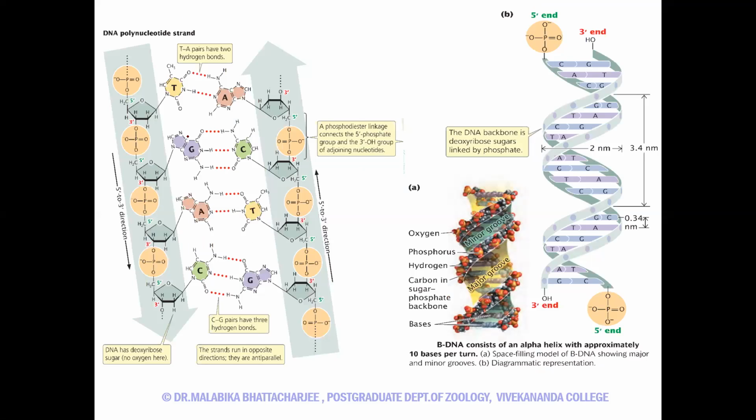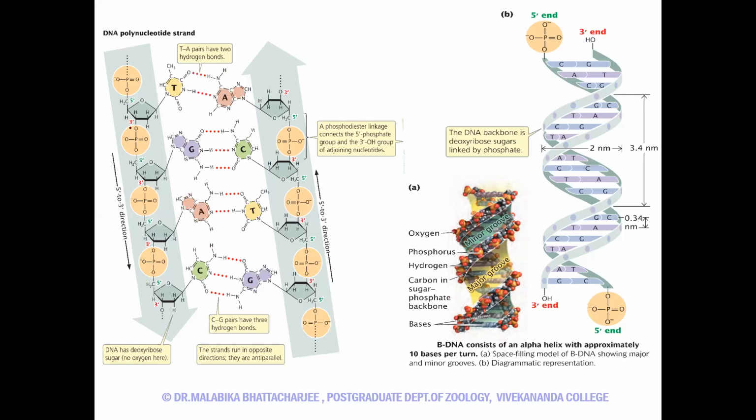If we look into a later picture, this is a more elaborate, beautiful picture. You can see the double helix moving in an anti-parallel direction. So this is a 5' to 3' direction. Just to recapitulate, why is it called 5' to 3' or 3' to 5'?